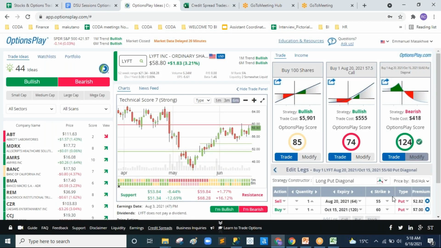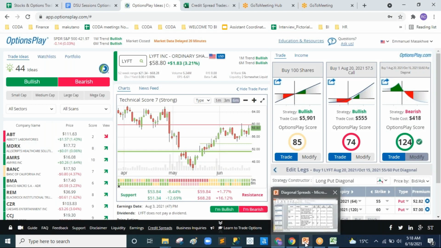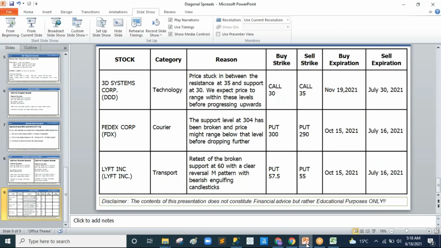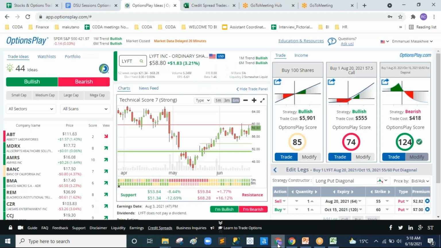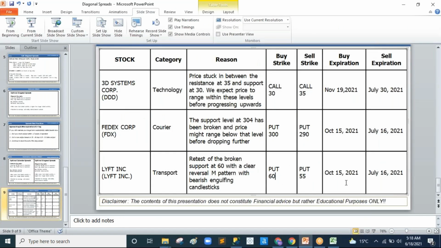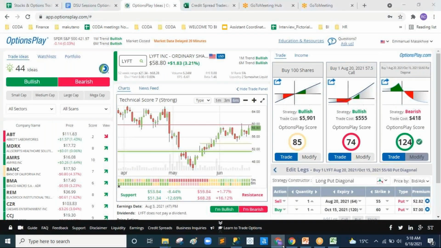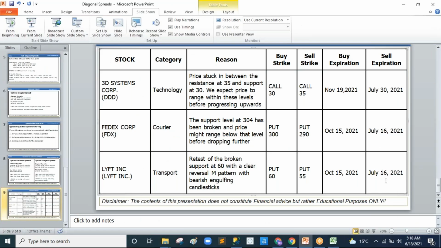But before I make those changes, let me pick these values because we're going to implement it. So this is 55.60. Then the expirations are October 15th and August 20th.